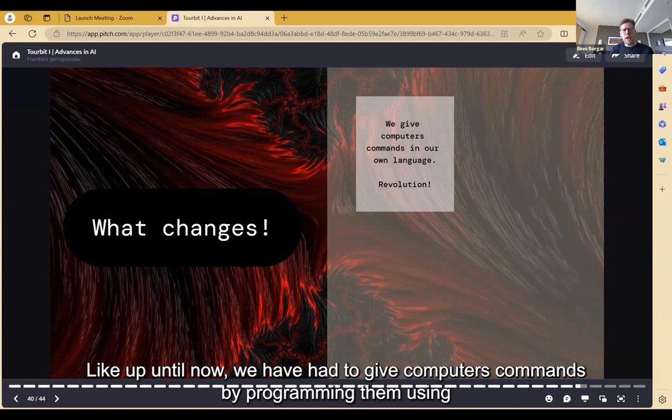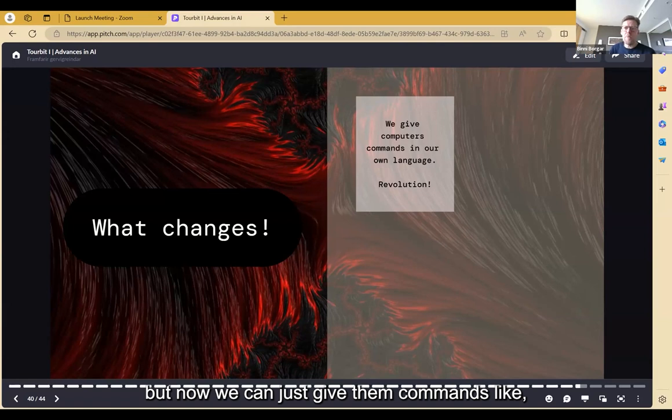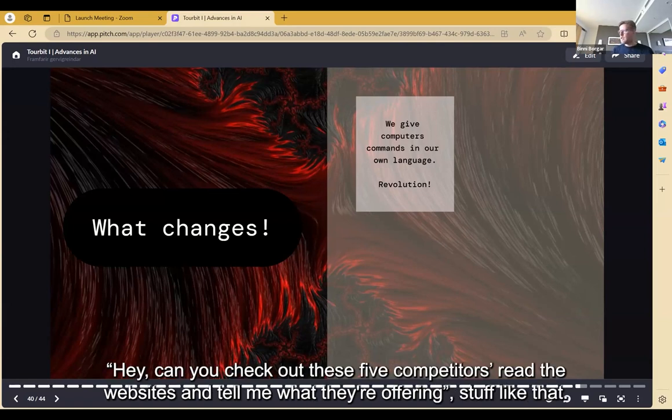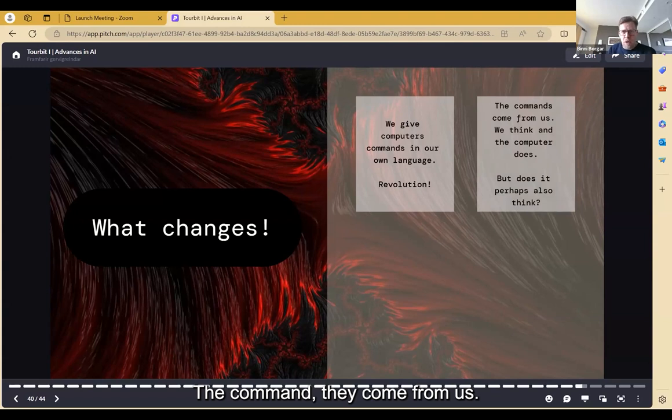Up until now, we have had to give computers commands by programming them using computer code, or we have used software with buttons, etc. But now we can just give them commands like, hey, can you check out these 5 competitors, read their websites, and tell me what they are offering, stuff like that. The commands come from us. We do the thinking, and the computer does things for us.